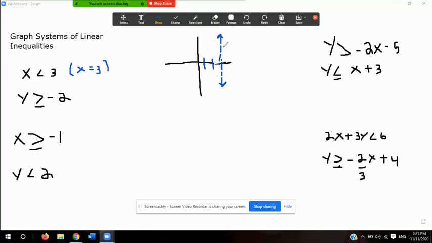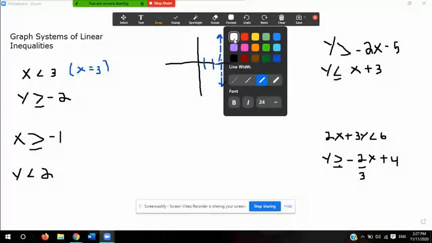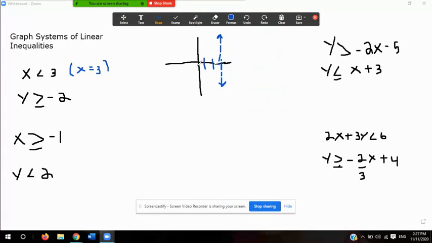Now, because it says that x is less than 3, if I want to graph this inequality on a coordinate plane, what we do is we shade these numbers in. And shading these numbers in just gives us an idea of where that answer is going to be.